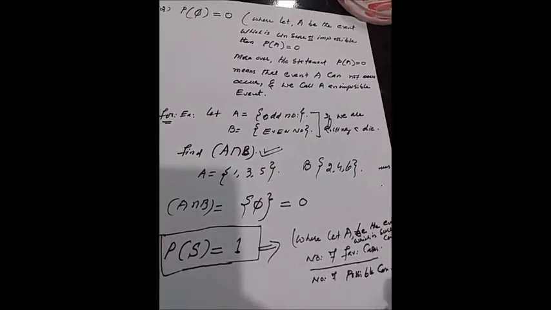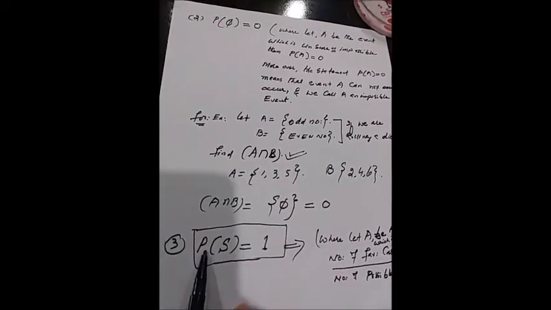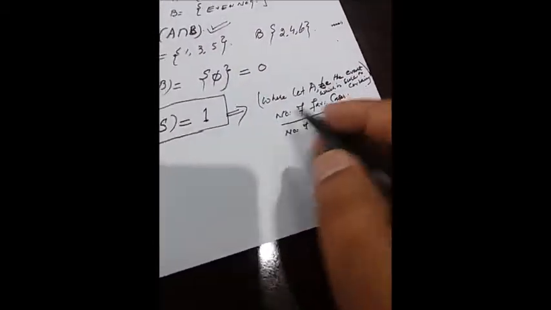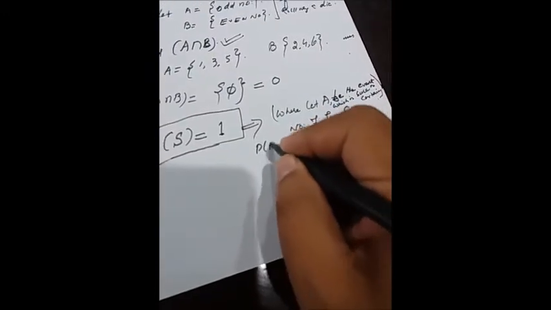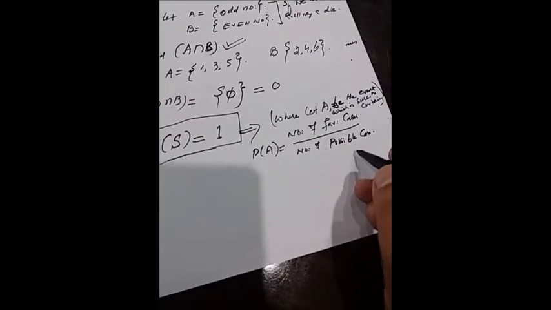When we are calling the event which is sure and certain, it means we are confident, we are 100% sure. And when we are 100% sure, it means that event is equal to 1, which is equal to sample space. So the probability of A is equal to the number of favorable cases divided by the number of possible cases.